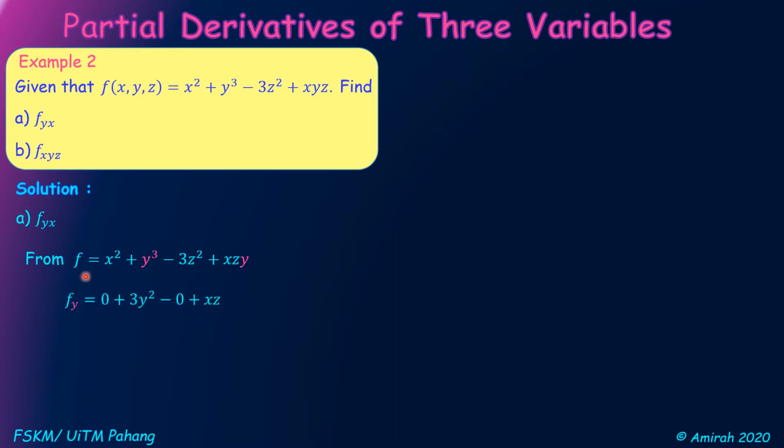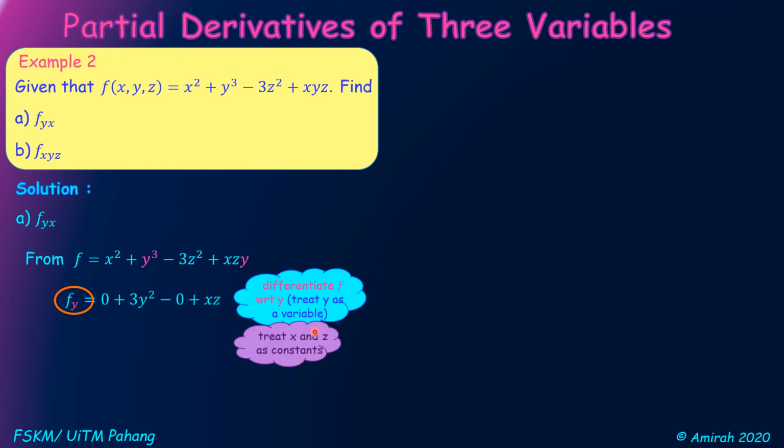Alright, so now from f we can find fy. Before that, fy means we differentiate f with respect to y. We treat y as a variable and we treat the other variables x and z as constants.